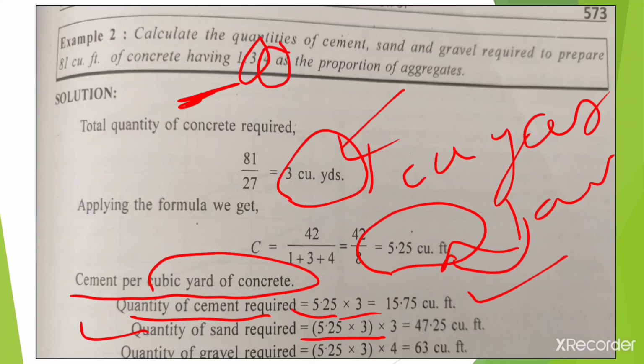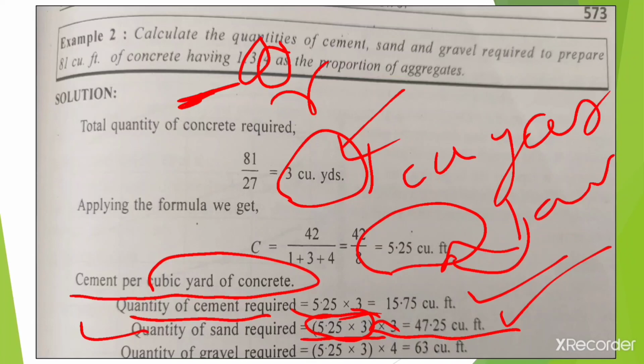And 4, that is the proportion for the r, means gravel, it means that 4 times more than the cement. So here the quantity of sand required is the total quantity of cement into 3 times. So the answer will be 47.25 cubic feet.